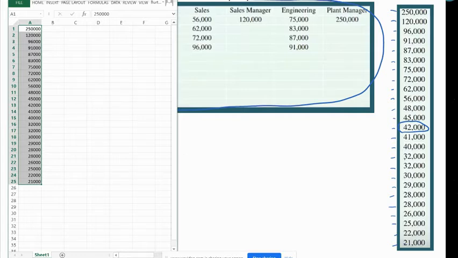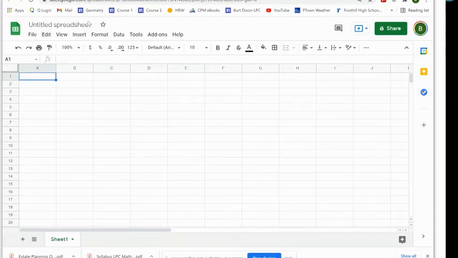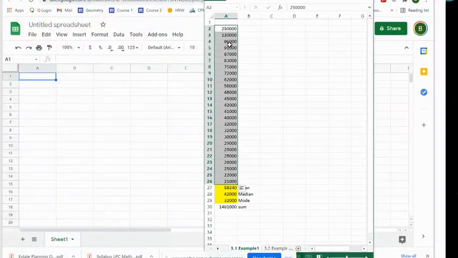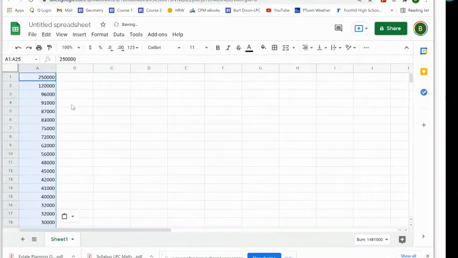It works the same way if you're using Google Sheets. So if I go to a new spreadsheet and I paste my values in there, I'll probably have to grab them from Excel again. Copy. Okay, so now they're sorted from largest to smallest.